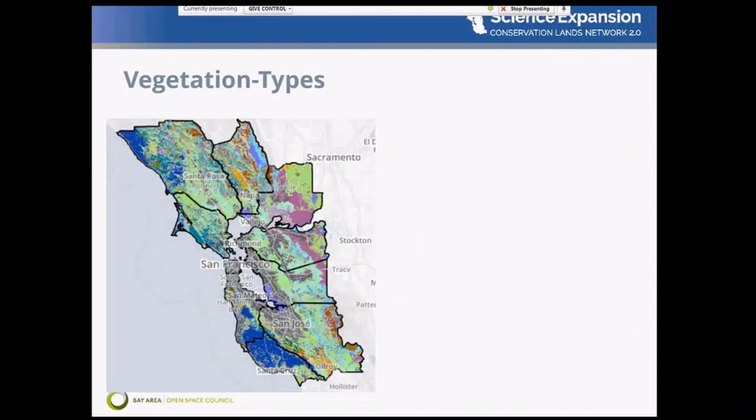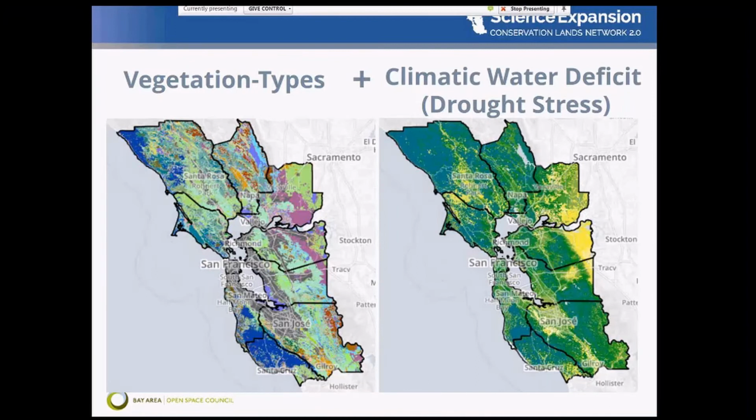And then lastly, we did a vegetation vulnerability to climate, to drought. So we took our vegetation types, we overlaid onto that the climatic water deficit, which is an integrated measure of drought stress that takes into account climate and soils. We did that overlay.